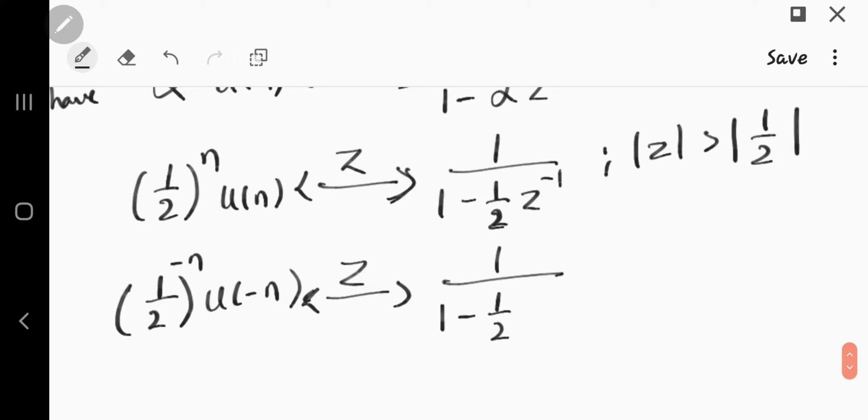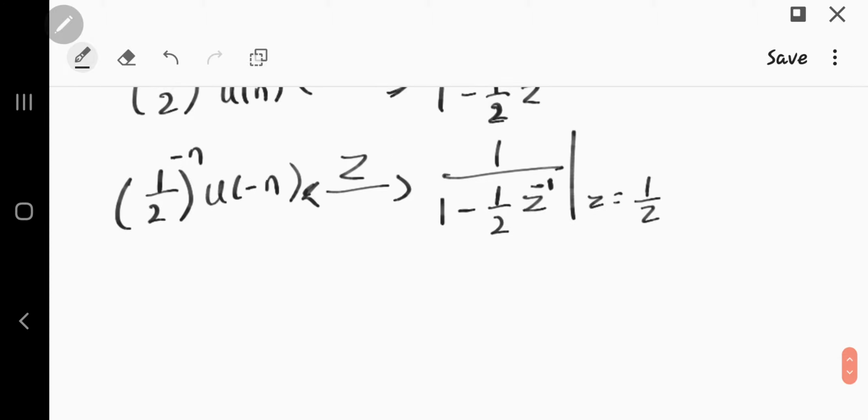Since we have minus n, we write z equal to 1 by z in place of z. That is what you have to apply. So if I do so, you will get 1 divided by 1 minus 1 by 2 z.